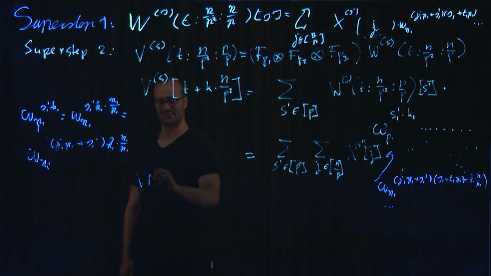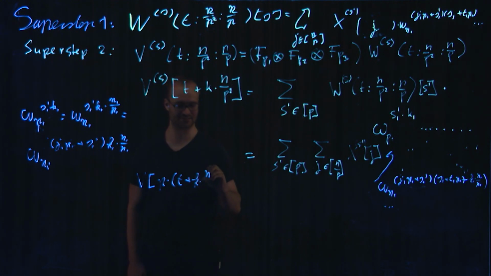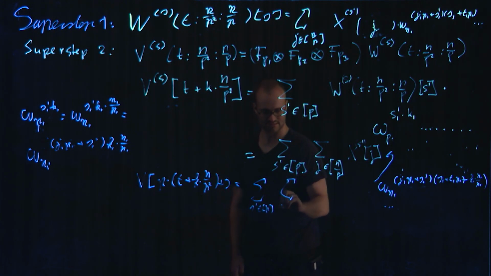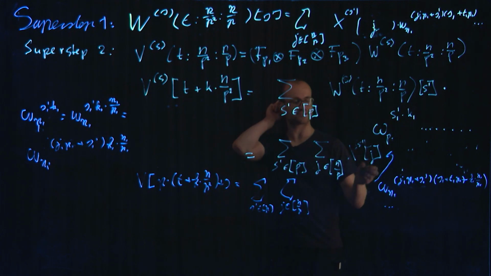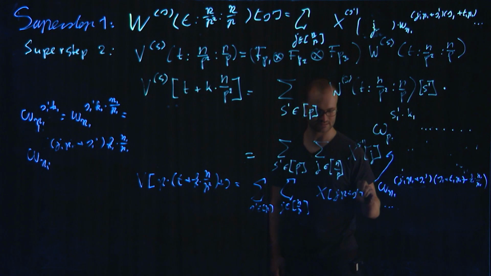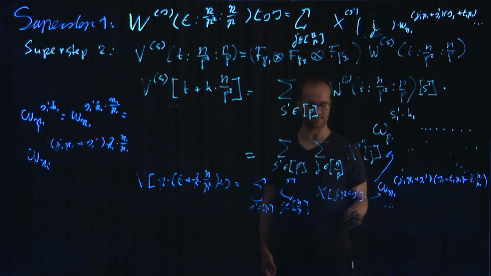So that means that we just get V of P times T plus K times N over P squared plus S. And this is equal to the same expression over here: sum over S prime in P, J in N over P. And now for X we are also going to the global view, so that means we get X of J P plus S prime multiplied by this thing again.